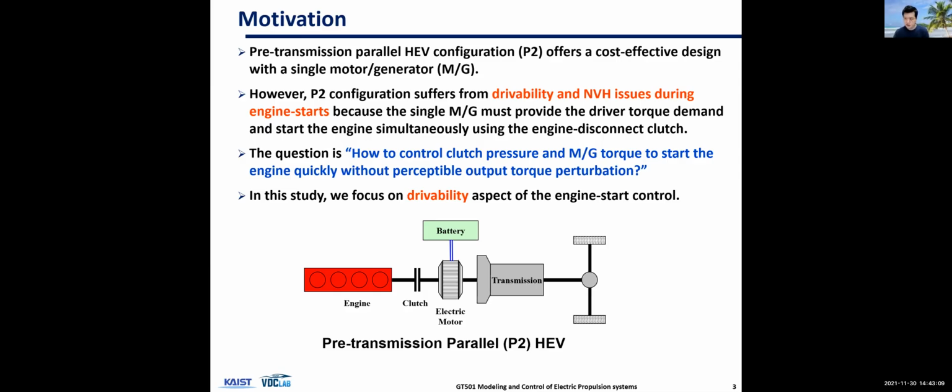Engine needs to start rotating, and then you can put fuel in, and then you can fire, right? So you need to bring engine speed up to a certain level, from 0 to say, 700, 800 RPM or higher.